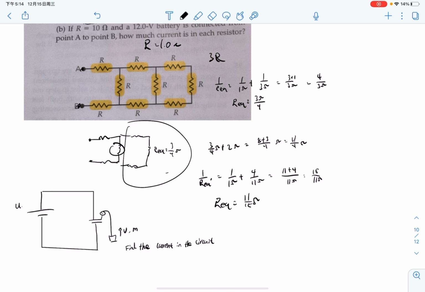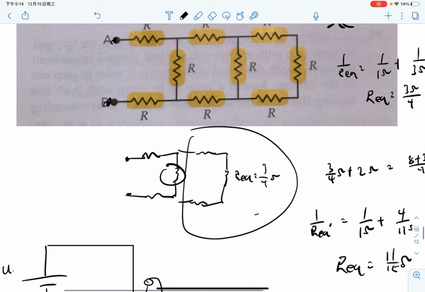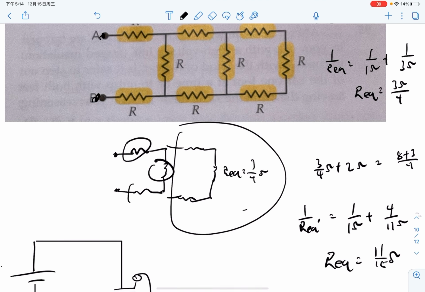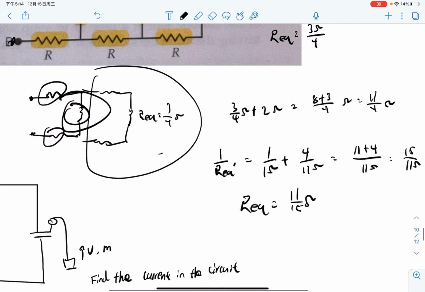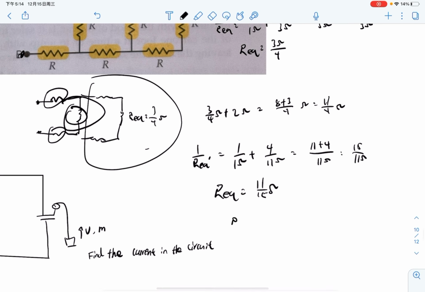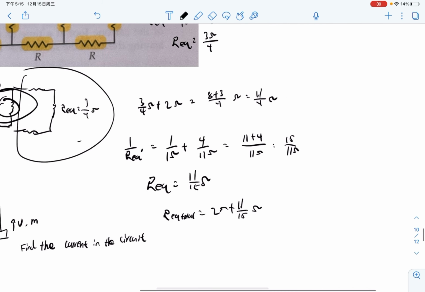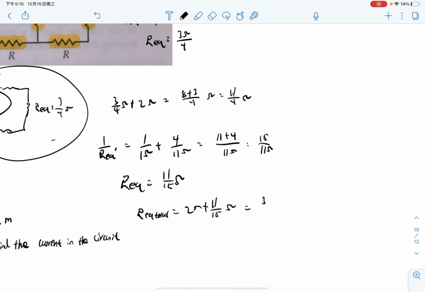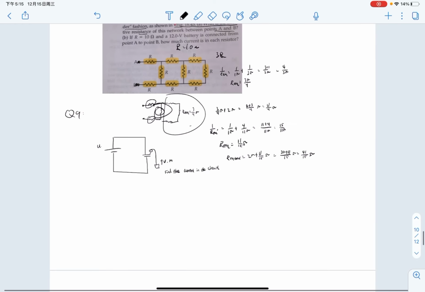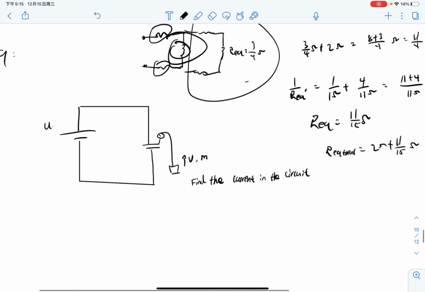And now because this one and this one are in series, the total is equal to 2 ohm plus 11 divided by 15 ohm, which is equal to 41 divided by 15 ohm. I hope that's correct.